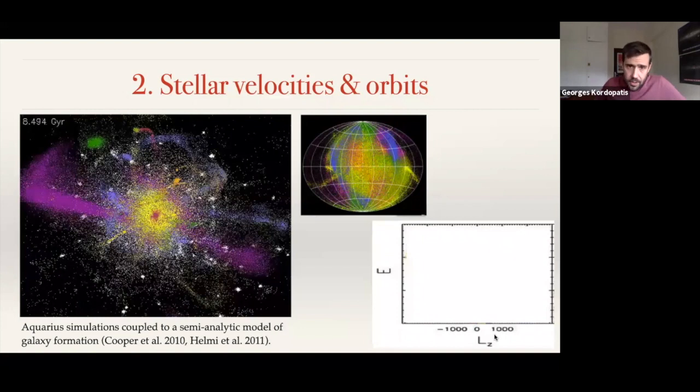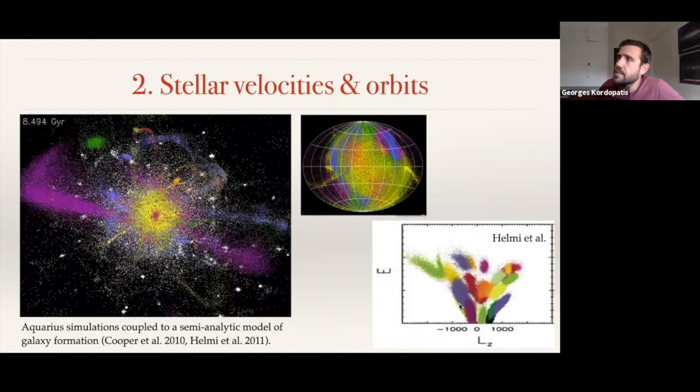And so by obtaining the orbits of all of the stars, or as many stars as you can in the halo, you would be able to see overdensities in that parameter space. And those overdensities are directly linked to stars in the halo that are now completely mixed, and you cannot see them as overdensities on the sky, but you can nevertheless see them as overdensities in energy-angular momentum space.